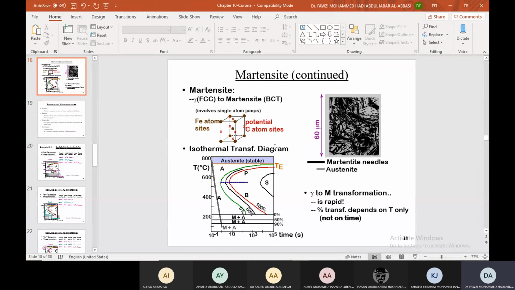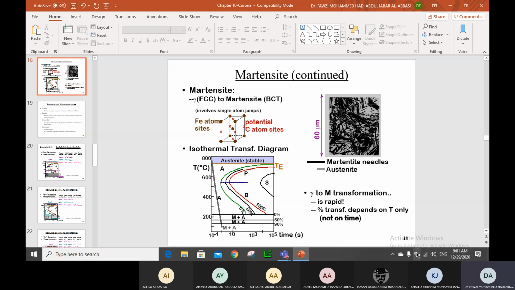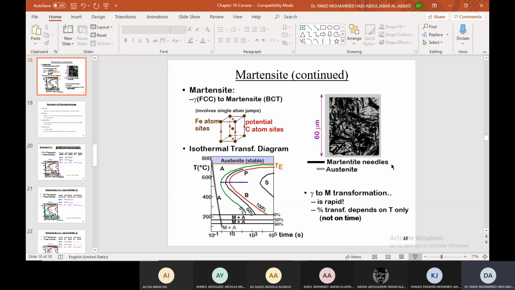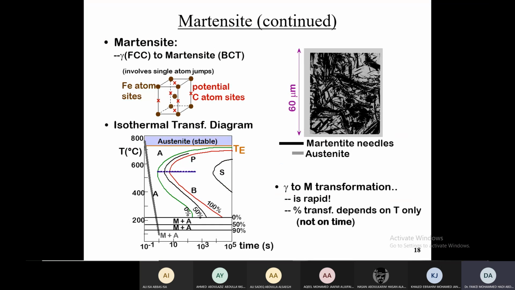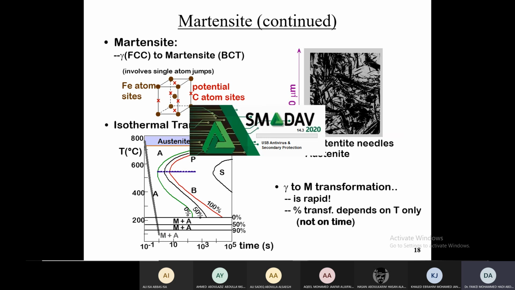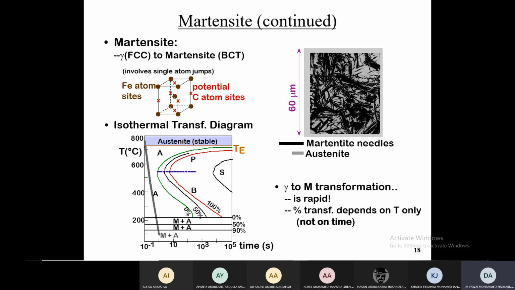Okay. The last thing that we did last time was that we talked about the different phases which develop using the non-equilibrium cooling rate, and we have also developed the TTT diagram, which is the time temperature transformation diagram.